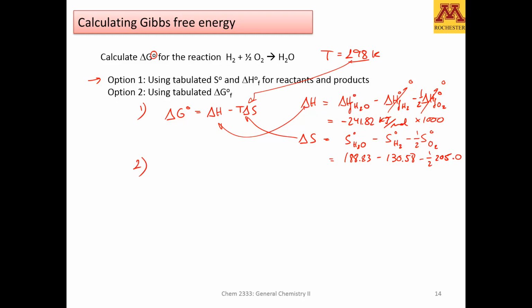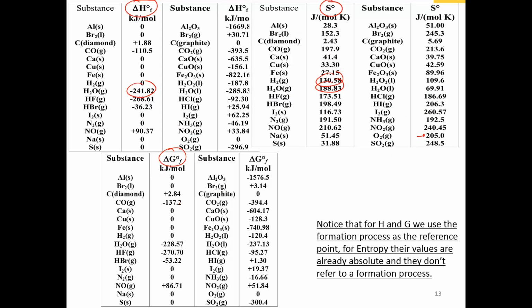The second option is just going directly to the tabulated values for the heat of formation. So the change will be the change for the heat of formation of water minus the change for the heat of formation of hydrogen minus 1/2 the change, and I say heat, but it's actually Gibbs free energy of oxygen. Notice that for Gibbs free energy the pure elements are defined as 0.